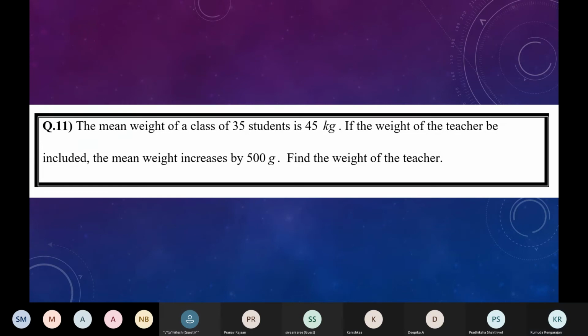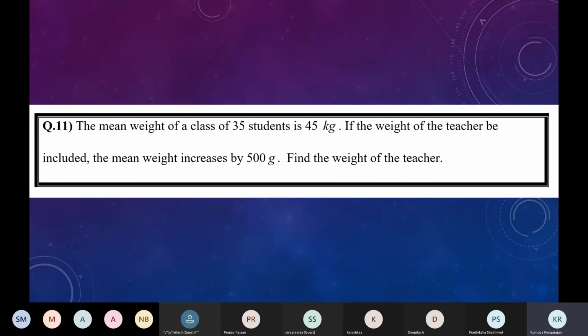Sum of the weights of all the 35 students, correct? Yes, ma'am. The sum of the weights of all the 35 students is 45 into 35.